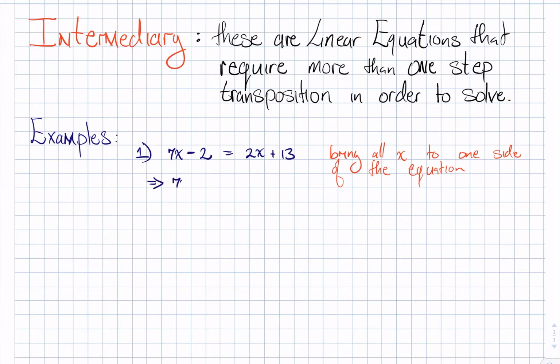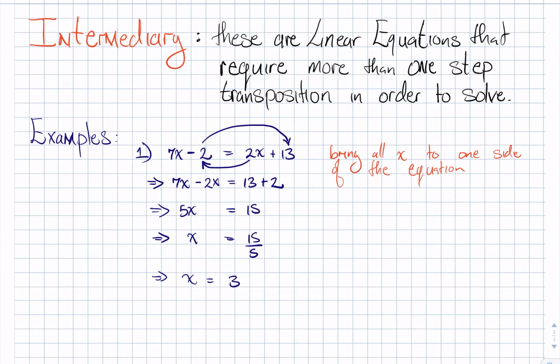Thus, I have 7x minus 2x equals 13 plus 2, which means that 5x is equal to 15, implying that x is equal to 15 divided by 5. 5x equals 15. That is a basic equation, and to solve that basic equation, we have demonstrated this in the previous set of examples. We simply divide by 5 on the right-hand side, thus giving us x equals 3.